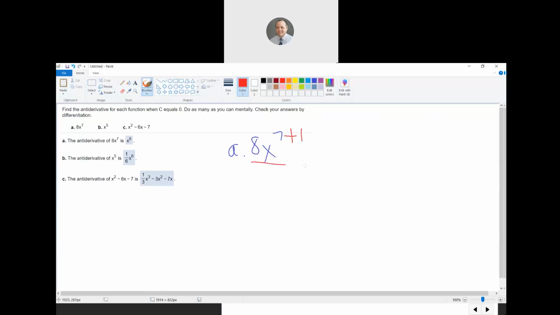So we're dividing our antiderivative by the new exponent. And that gives us 8x to the 8th power all over 8. And the 8's cancel. So our antiderivative is x to the 8th power.